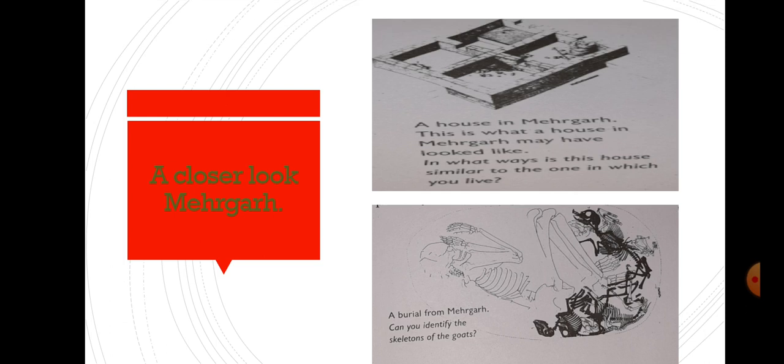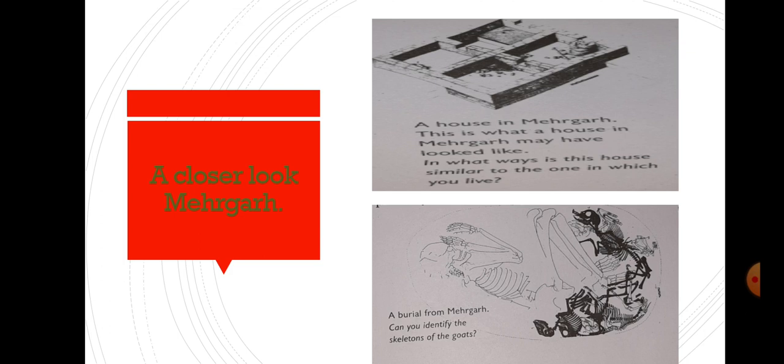So first we will take up a closer look at Mehrgarh. This is the topic name, and before going into detail, I have tried to give you some images of the evidence that has been found by the archaeologists at the Mehrgarh site, which we are going to discuss.